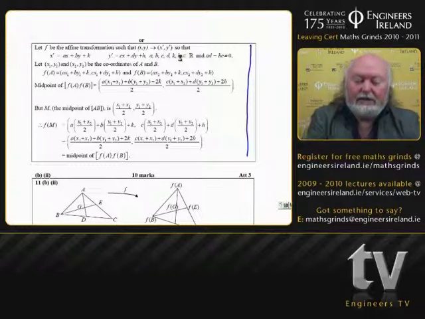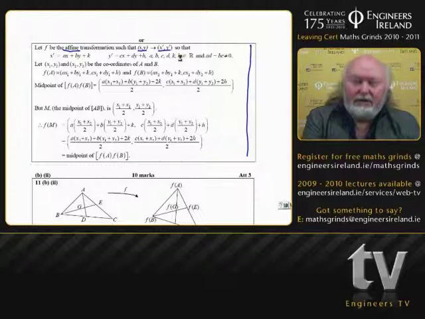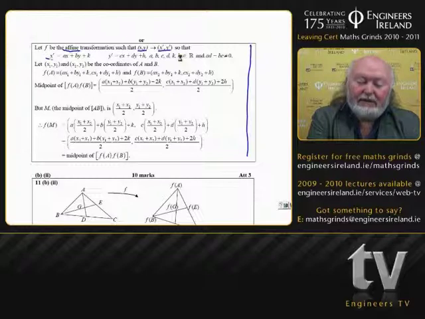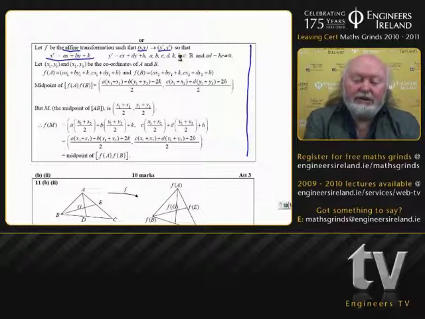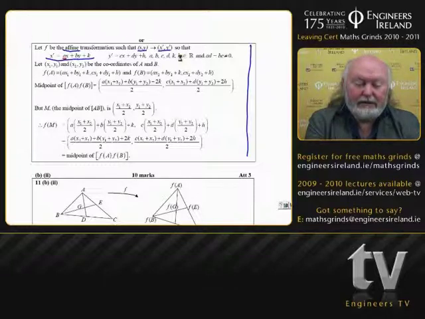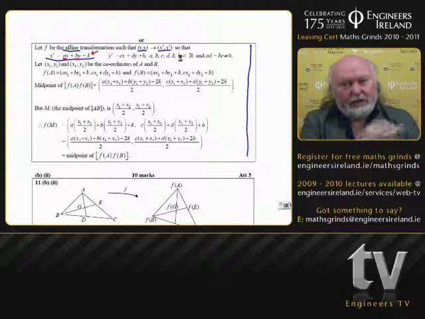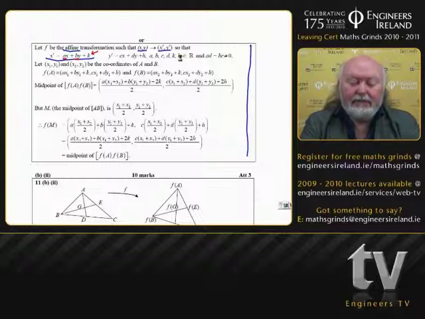Let F be the affine transformation that sends xy to x dashed y dashed. He's saying so that, and this is telling you what an affine transformation is, it's linear in x, look at it, just ax to the power of 1, it's linear in y, and there's a constant added. So there's also a shift added to this.